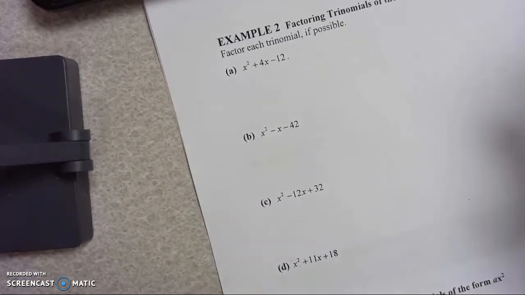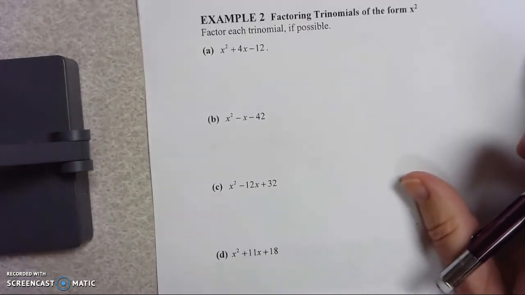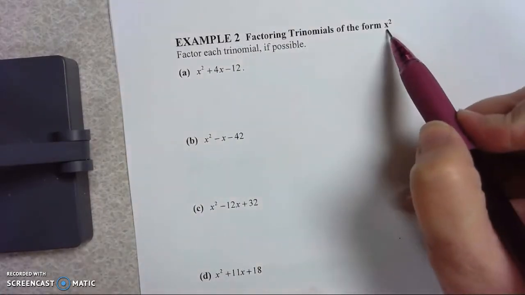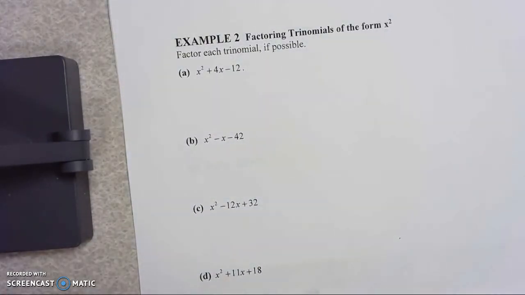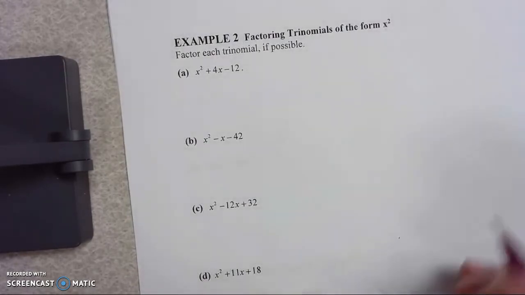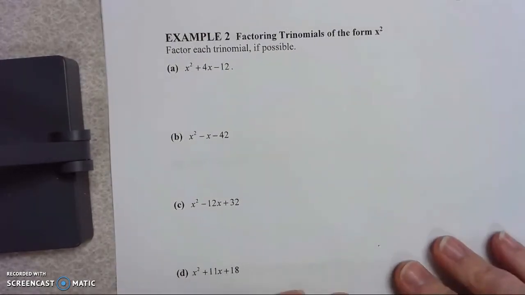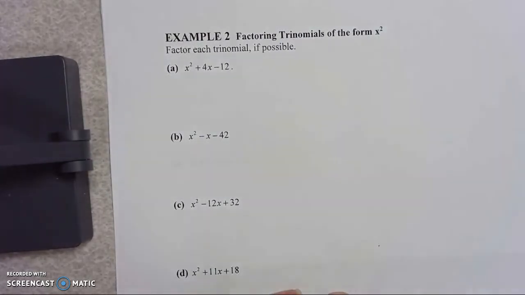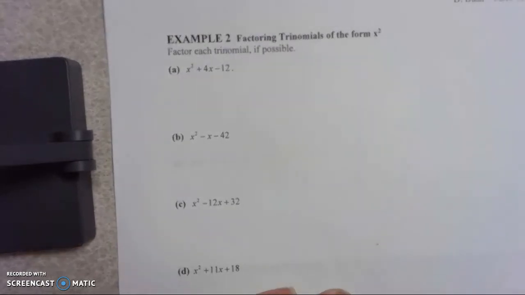Alright, so in this video we're looking at trinomials. Now, trinomials come in two forms. They can start with x squared, or they may start with ax squared. The method used to factor the ax squared form, meaning there's a number in front of x squared, can be used to factor all trinomials.